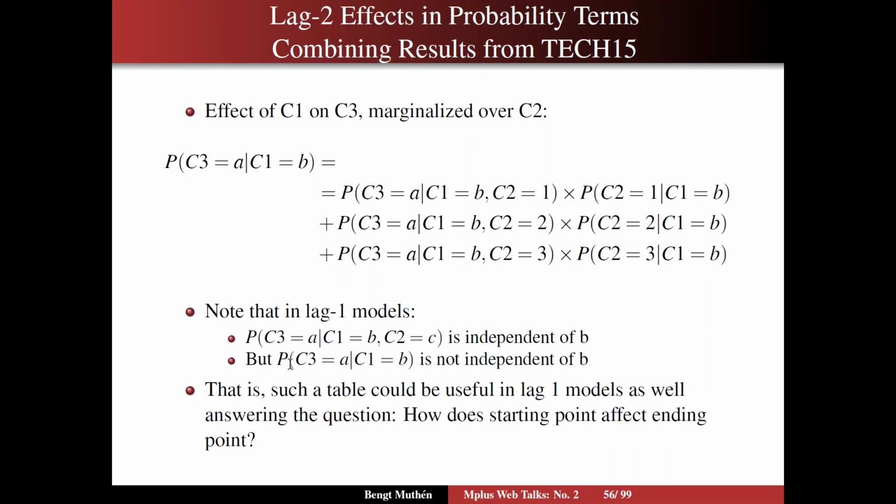But if we want to calculate the probability of C3 equals A and C1 equals B, like up here, in a lag 1 model, it's not independent of B. That is, the starting point does affect the probability of C3 equals A, as we saw already in the introductory example in segment 2. That is, this kind of a table that I've shown up here could be useful for you to compute in lag 1 models as well, because they answer the question, how does the starting point affect the ending point?